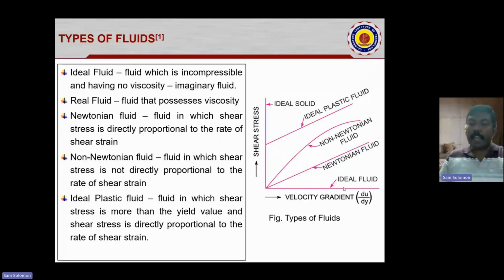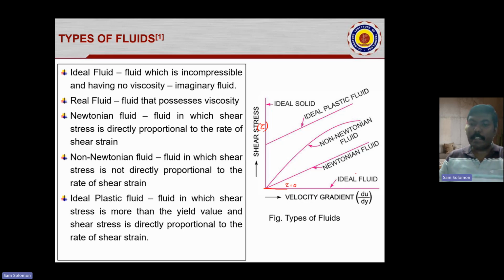So we will look at the ideal fluid. If it is going to be an ideal fluid, you can see that this is your increasing shear stress. Shear stress is going to be your tau. In this line, your tau is going to be equal to 0.